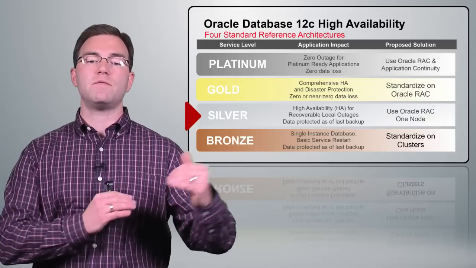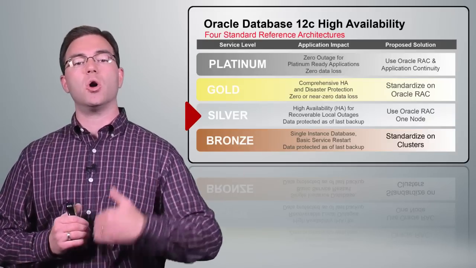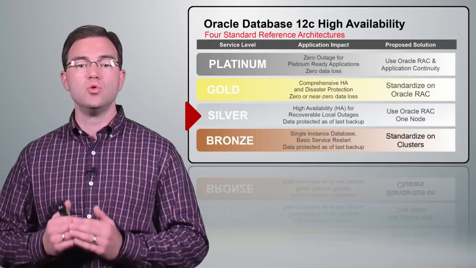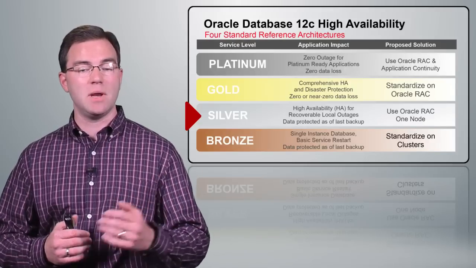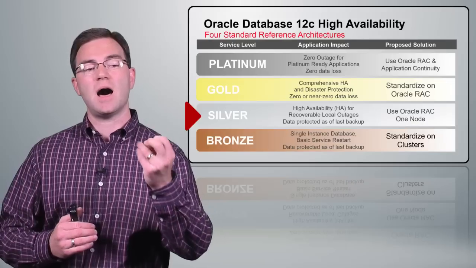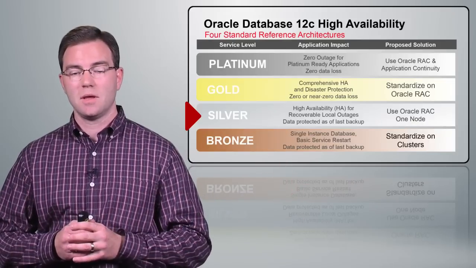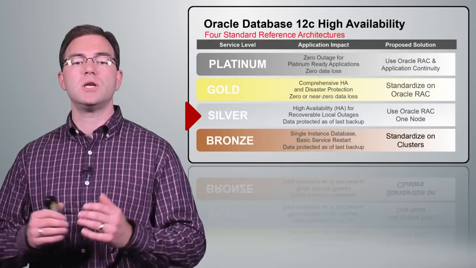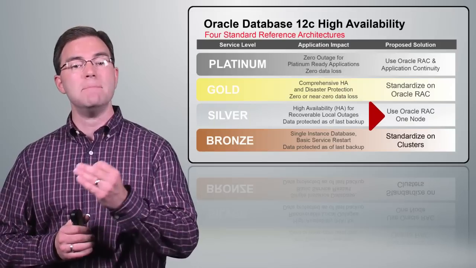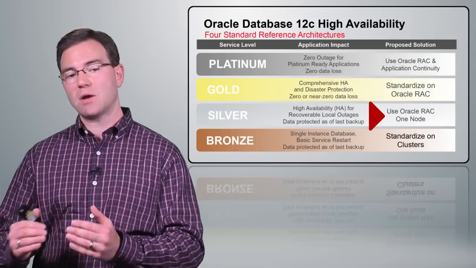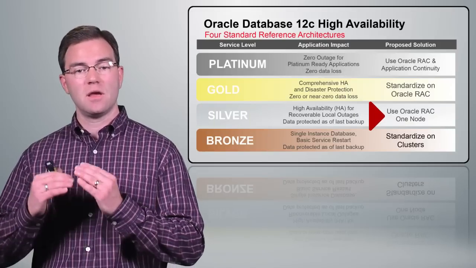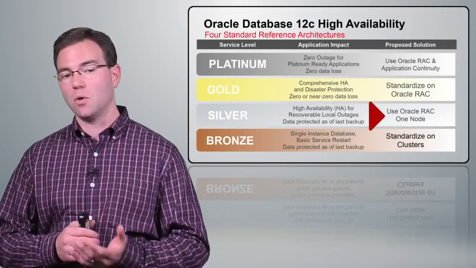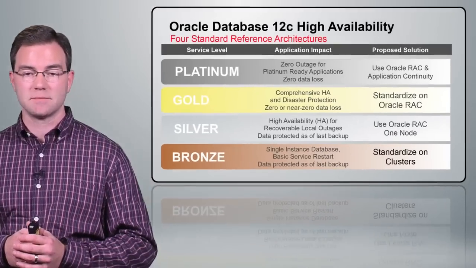If you then have a deployment reference that is called silver level, Oracle's recommendation is clearly to use a failover cluster at a minimum. In other words, a high availability cluster. Following the course of this presentation, you would want to deploy a RAC One Node as a minimum, because RAC One Node is the integrated, fully supported and optimized failover solution for the Oracle single instance database.